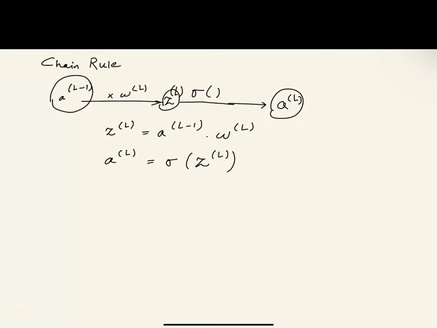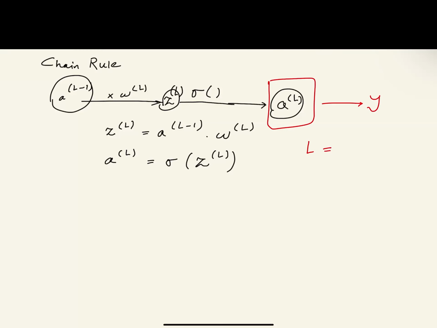So now let's assume this is the output value of the neural network, and we are comparing this against a reference signal Y, and we have a loss function.